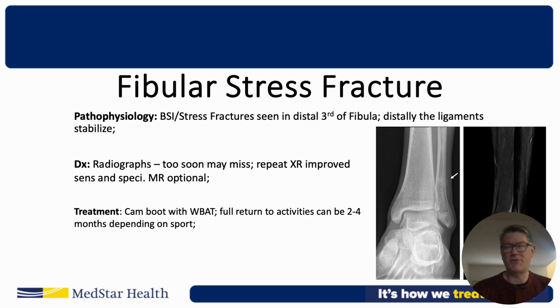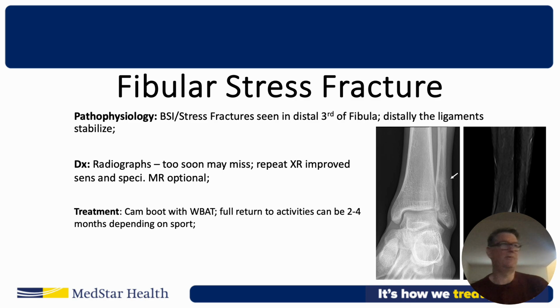Fibular stress fracture is usually occurring well up in that zone A, but happening slowly over time, not with a trauma. Again, X-rays will sometimes miss it initially in the first few weeks, but repeating can increase the ability to see it. MRIs may not be necessary if you can actually see, like in this first picture, some callus going in.